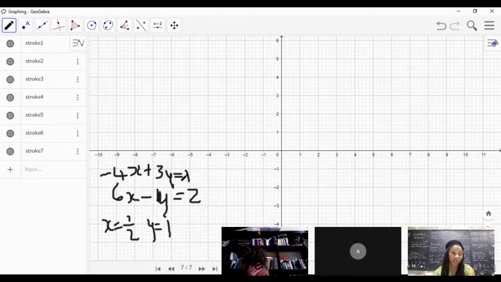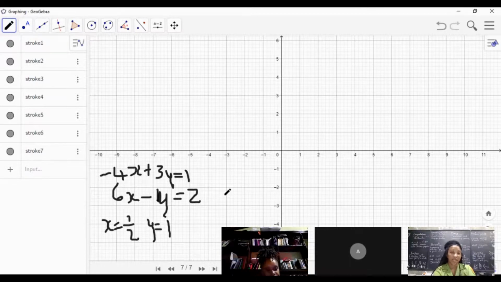But I would not recommend you use substitution when the coefficient is not 1 or negative 1. You could use this one. So y would be equal to 6x minus 2. That's easier to use and plug that in here. You can do it when the coefficient is not 1, it's just that you're going to end up with fractions, which some people find challenging to work, algebraic fractions.